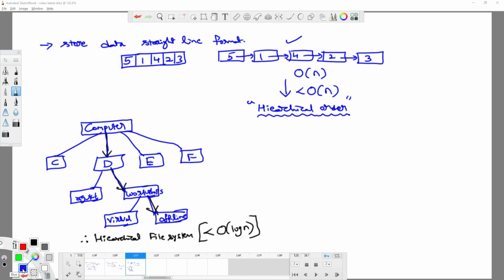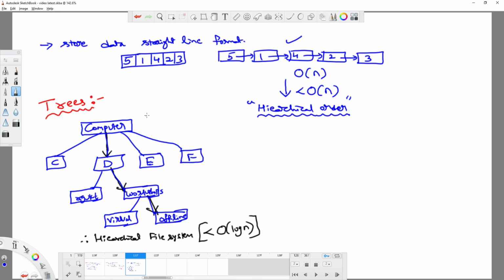Okay. So this hierarchical representation we call a tree. So what is a tree? Did you hear these classifications in the starting class of our data structures?